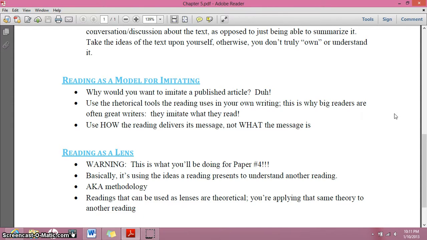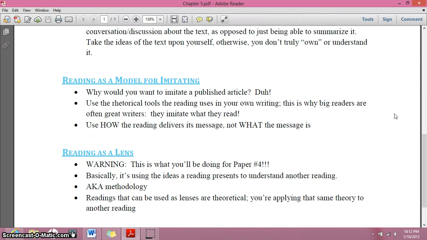It's a metaphor, a lens as in like glasses, reading glasses. If you read an article A, you put on your Article A sunglasses to look at Article B. And your understanding of Article B is not from yourself, but from the perspective of Article A. Does that make sense? This is also known as methodology. That's a much higher up in education term, but hey, might as well expose you to it now.